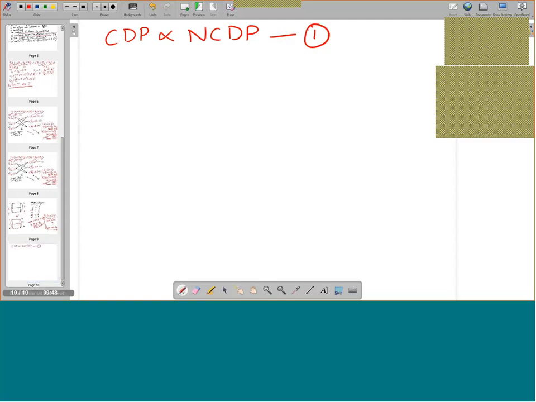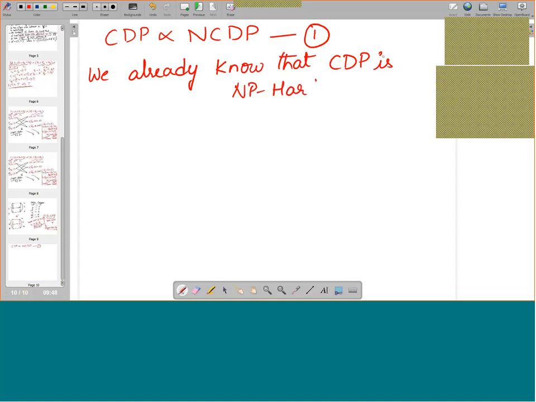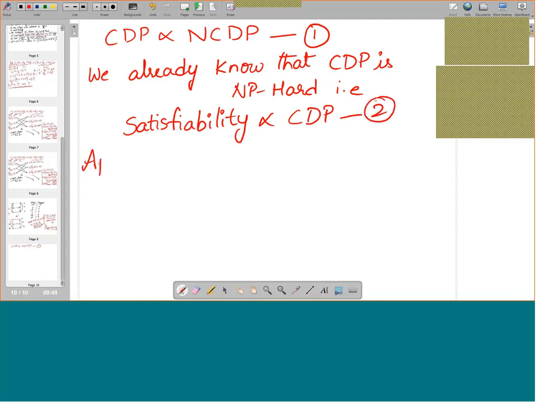So we already know that CDP is NP hard, that is, satisfiability reduces to CDP. This is equation 2. So apply transitivity.